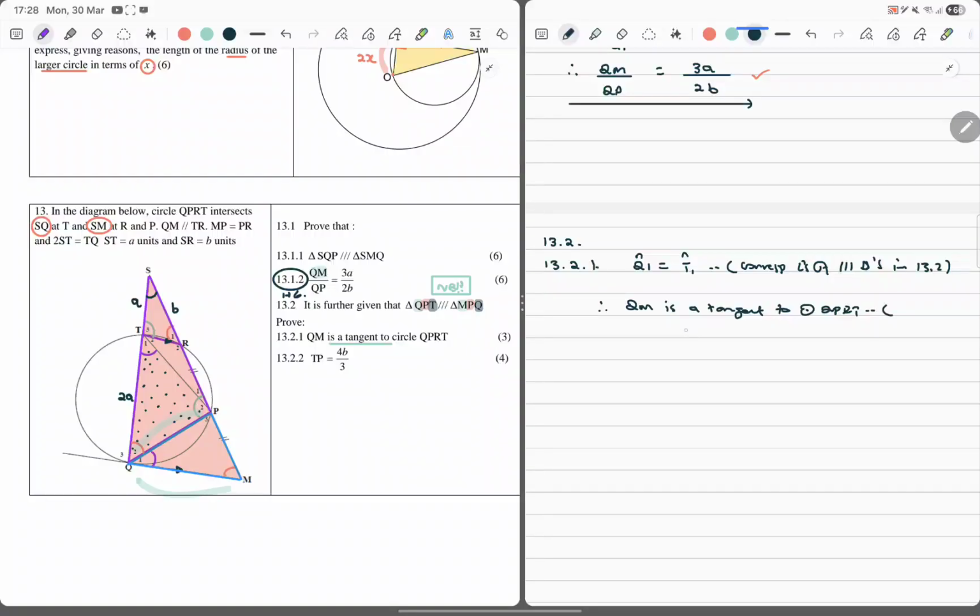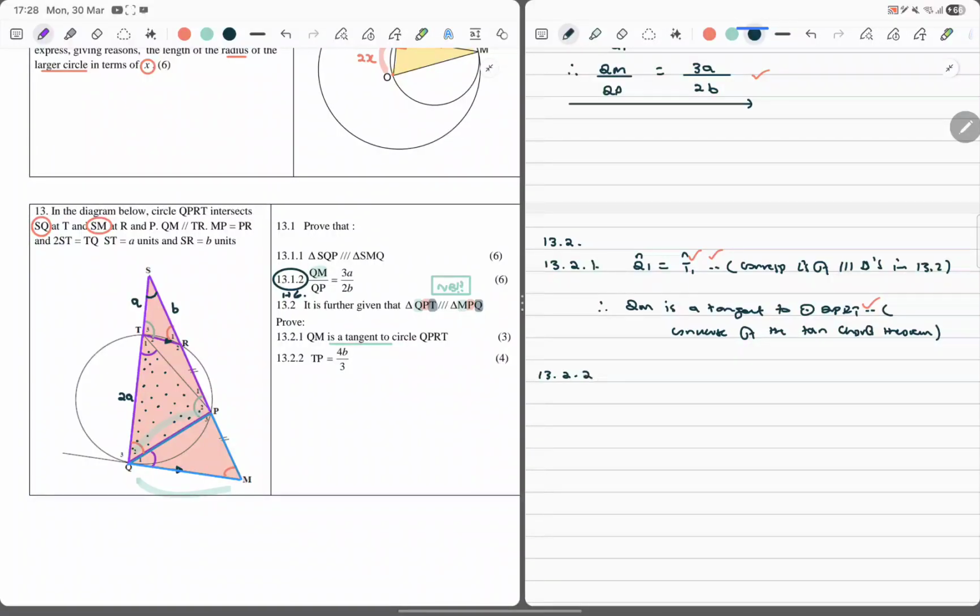Now what is the reason here? We talk of a converse of the tangent chord theorem. Okay. So obviously the reason is important here. And here the statement and reason, I think it's more powerful. We get our 3 marks, we move on.